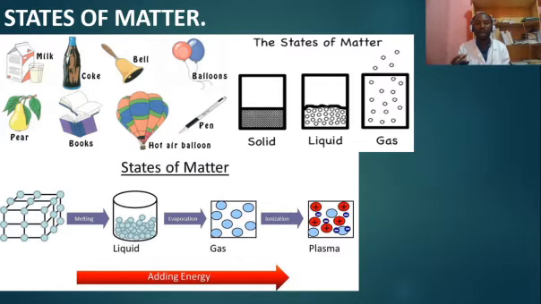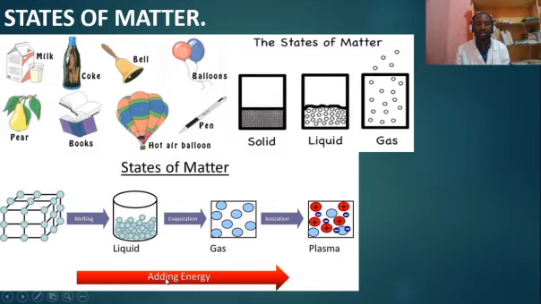The hemoglobin will have high affinity for oxygen, so it's going to attract oxygen. When it does that, what is formed is called oxyhemoglobin. That is how oxygen enters the blood. And you know oxygen is needed for tissue respiration. Let us not go into details of this biology, but you see that for gas to go to plasma is by ionization.